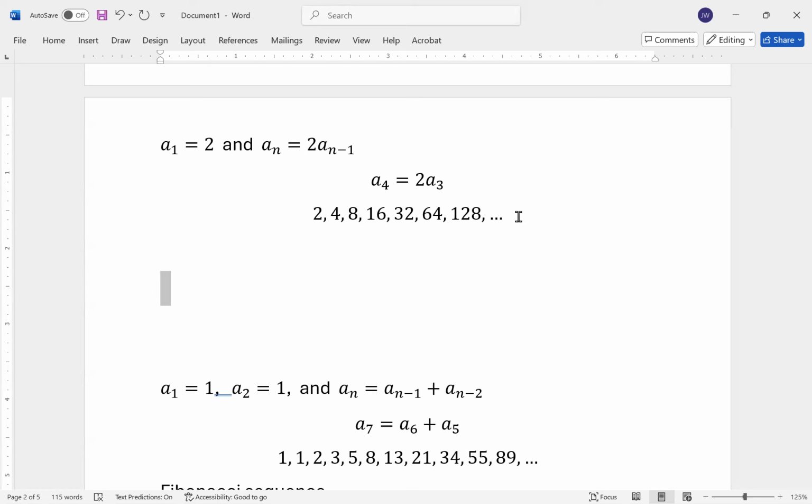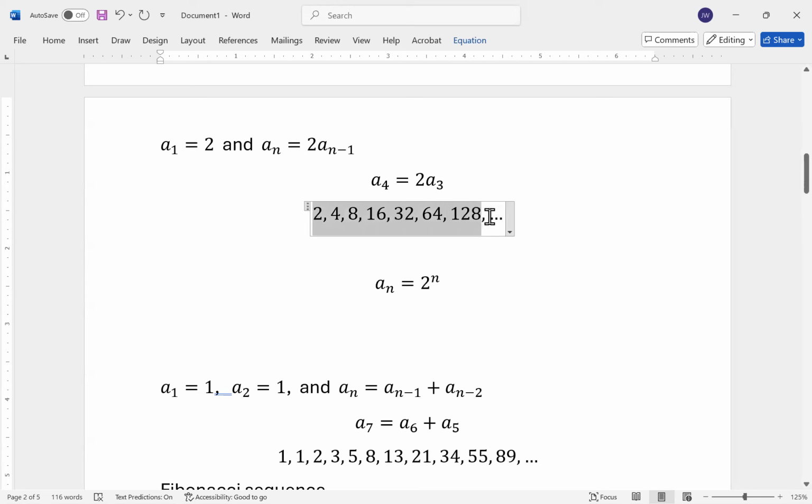If I simply wanted to write a function version of that sequence, it's just 2 to the nth power. 2 is 2 to the first power, 4 is 2 squared, 8 is 2 to the third, and so on and so forth. So some of our recursively defined sequences have really easy function versions of them.